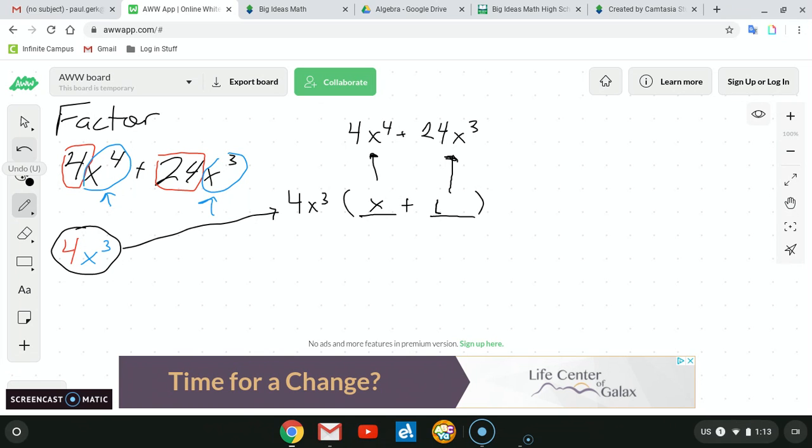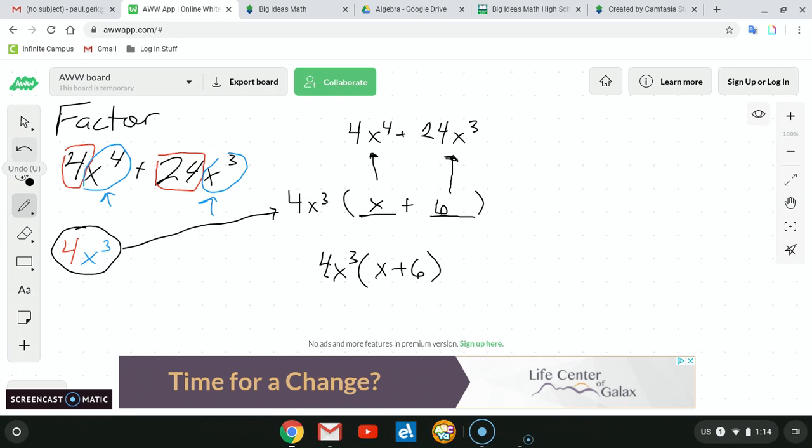Well, the answer there is 6. 4 times 6 is 24. Good. What about x to the third times what equals x to the third? Since they both already have an x to the third, all we have to put here is a 6. So 4x to the third times x plus 6 is our answer here.